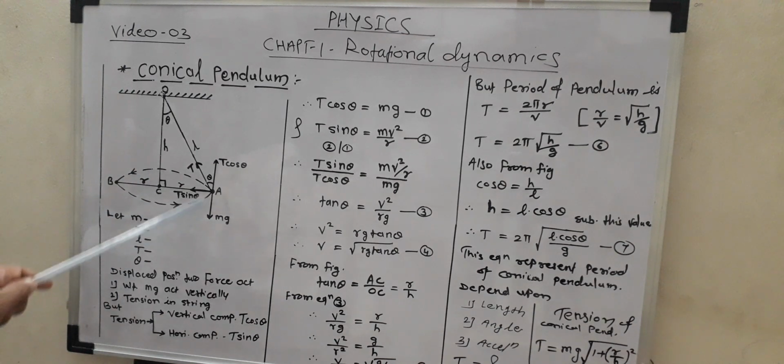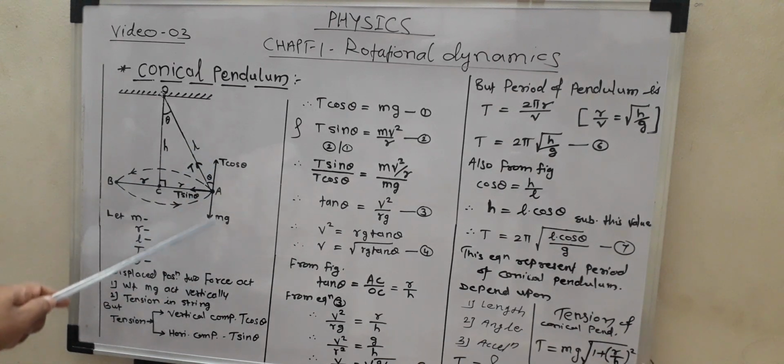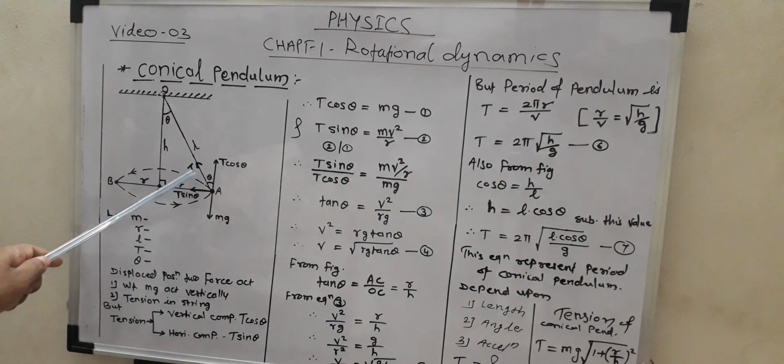In the displaced position these forces are: first, the weight mg acting vertically downward, and second, the tension in the string, as shown in the figure.